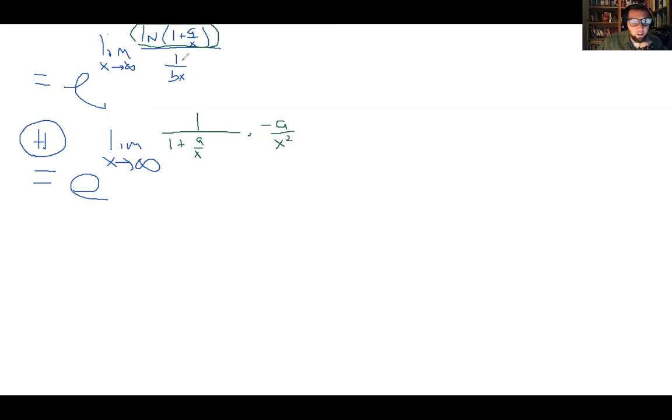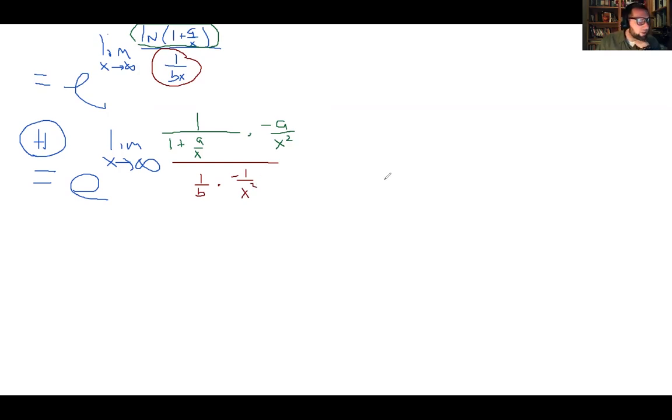And the derivative of the denominator will be, you can think about this like a 1 over b times negative 1 over x squared.